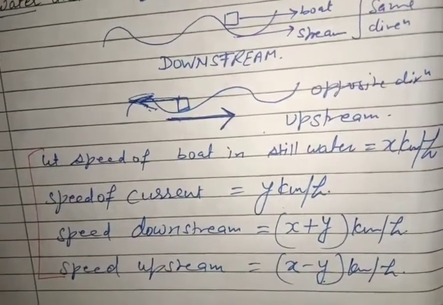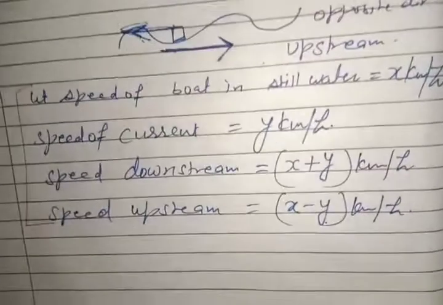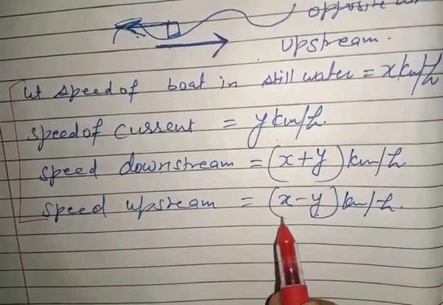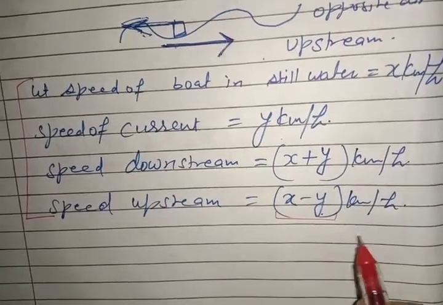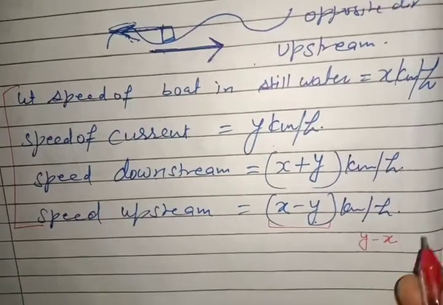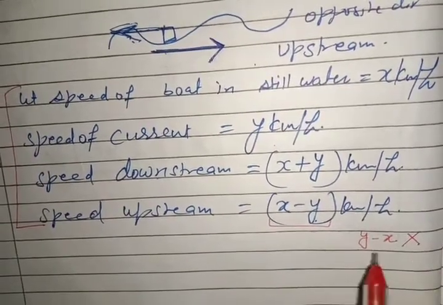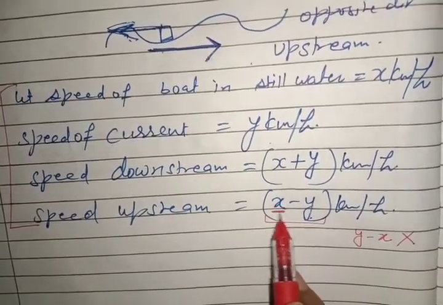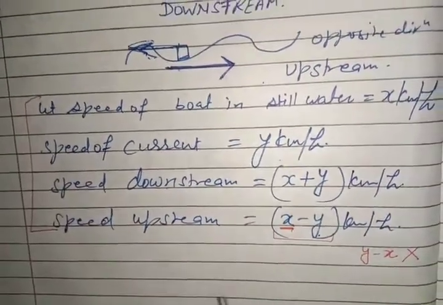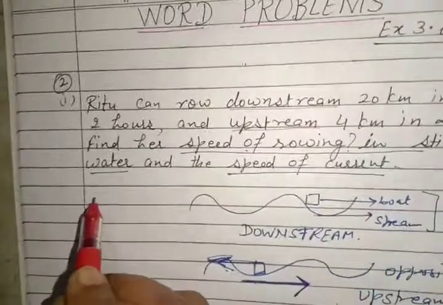One more thing I want to discuss with you. Generally when students get this question, they make this mistake: x minus y. Sometimes they write in exam y minus x, and this is completely wrong, because the speed of the boat always comes first. How can you remember this? Boat.